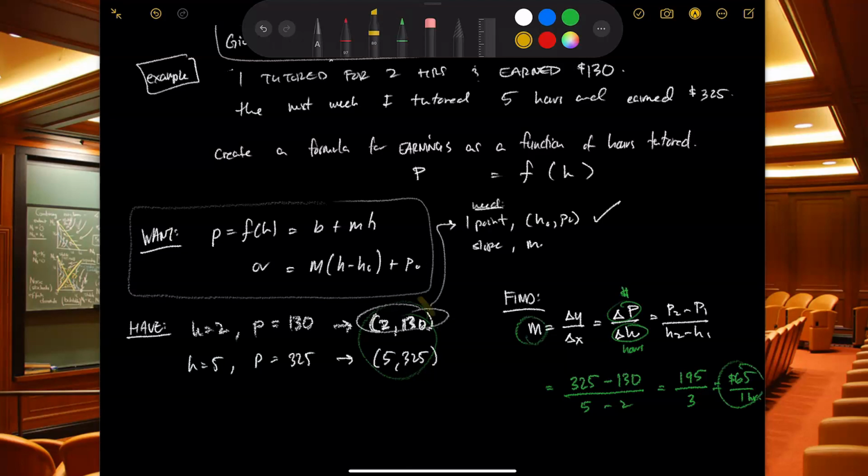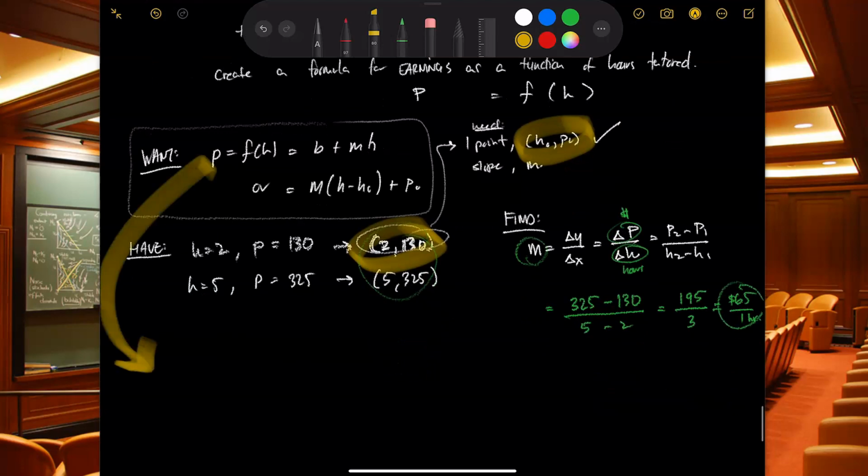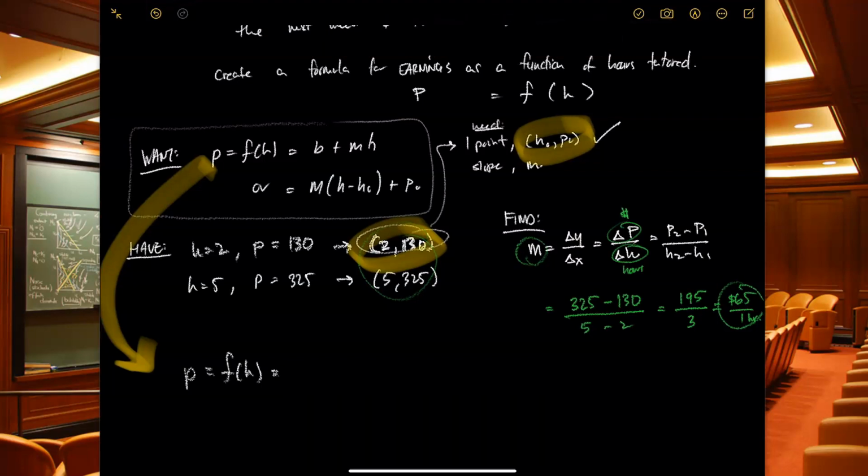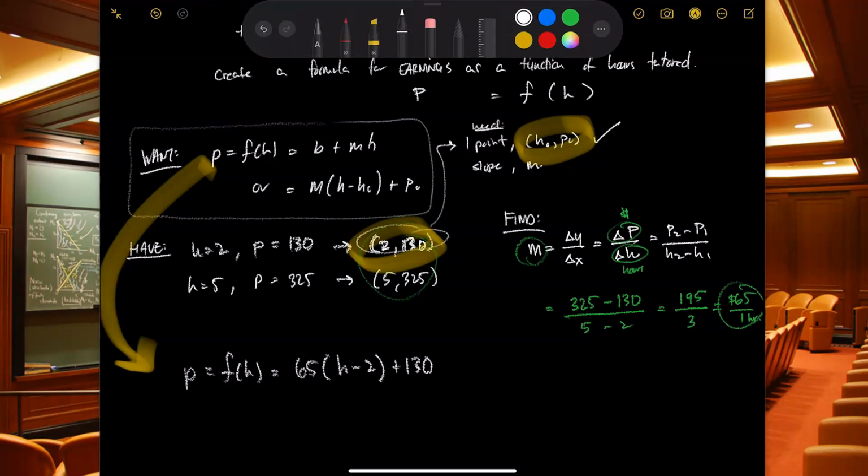I have a point. So we are good to go. So I can go ahead and map this in. So then P equals a function of H, and that's the slope, which we said is 65, times (H minus 2) plus 130. Right, so here's this point drawn in here, and the slope got brought in here.